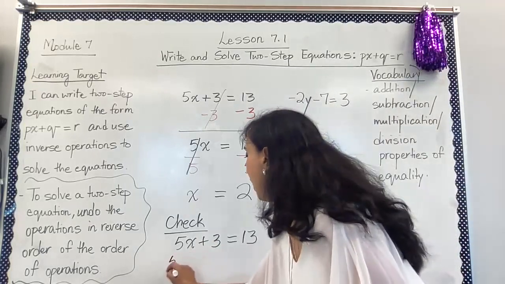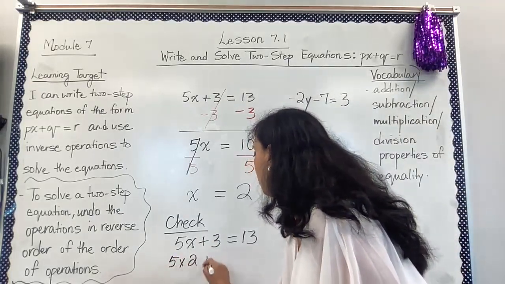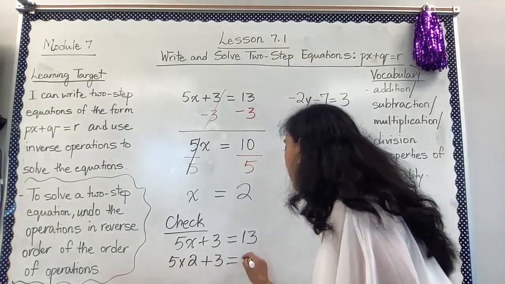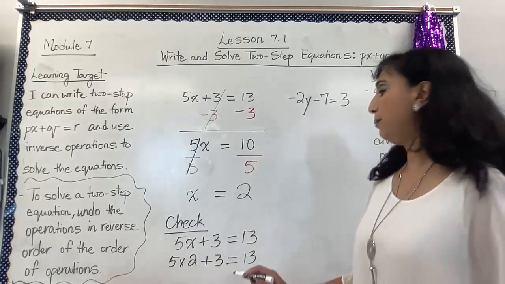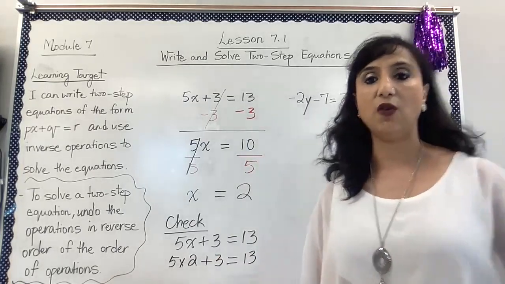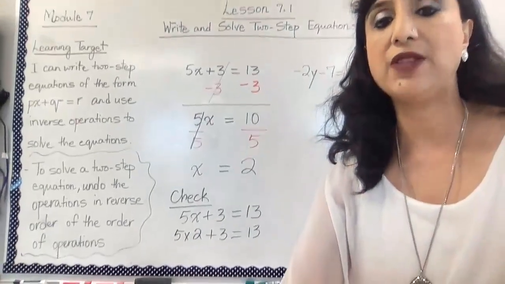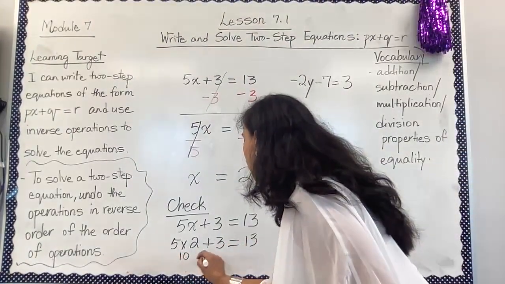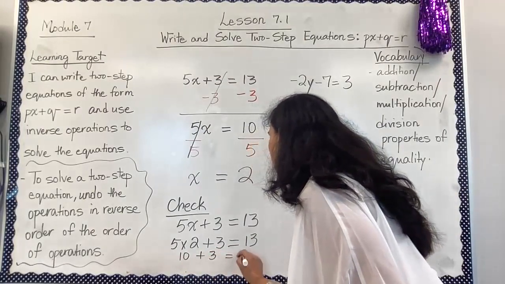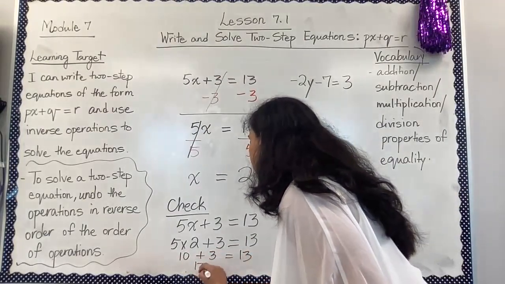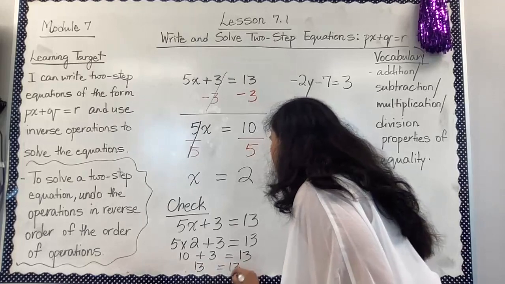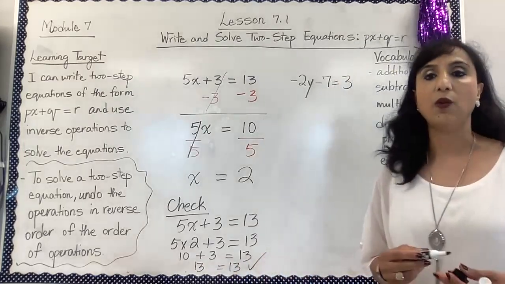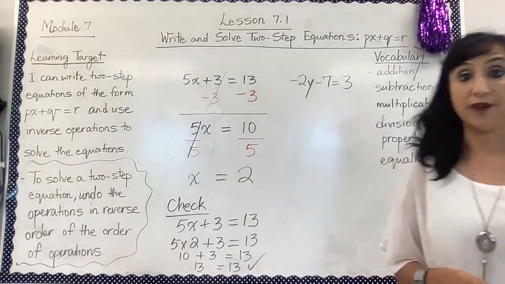So 5 times 2 plus 3 should equal 13. And based on order of operations, now that we only have numbers, 5 times 2, we will do multiplication first. So this is 10 plus 3 is equal to 13. And yes, 13 is equal to 13. So this is correct when I check my solution.